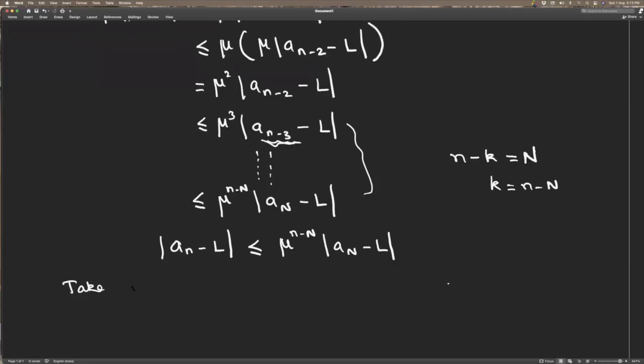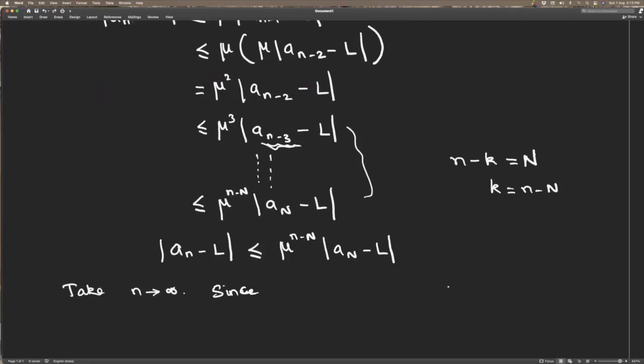Now take n tending to infinity. Since we are given that mu is lying between 0 and 1, we can see that mu to the power of n minus capital N is a fixed number, right? So that is not a problem. This tends to 0 as n tends to infinity.